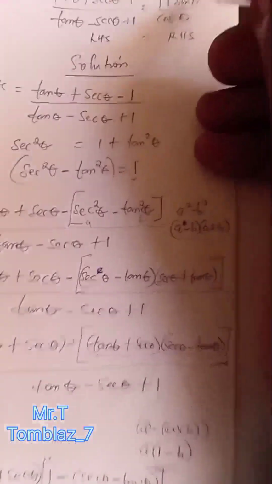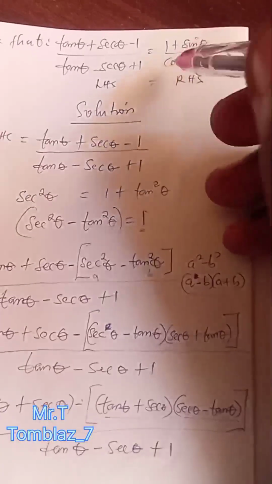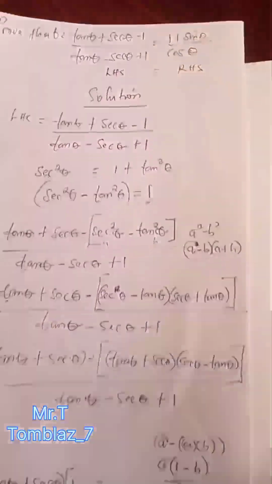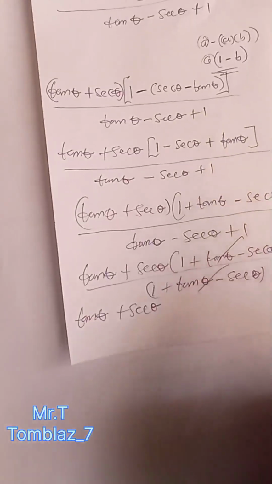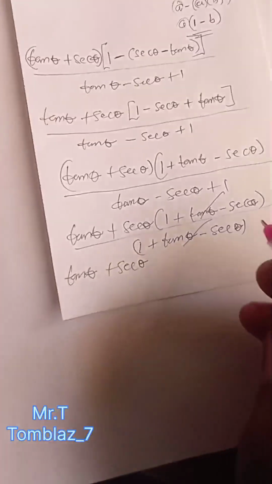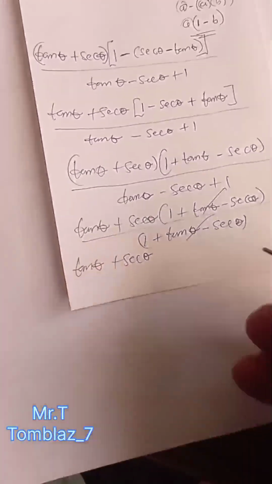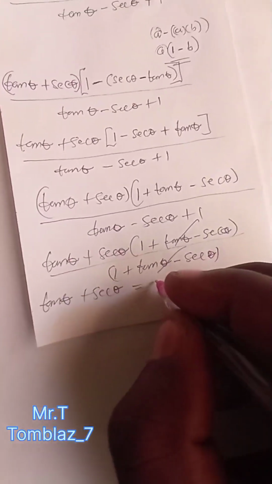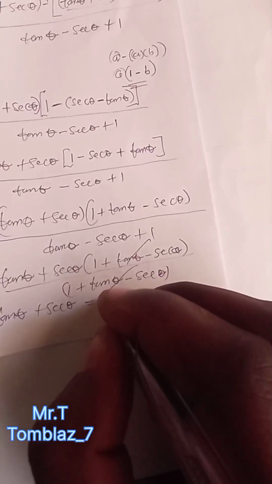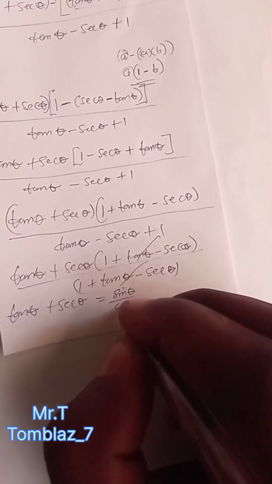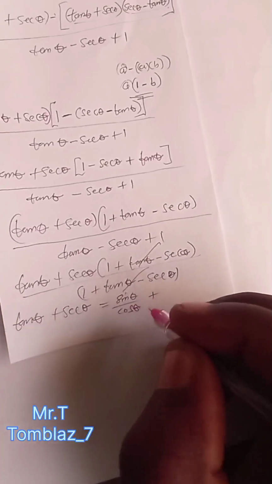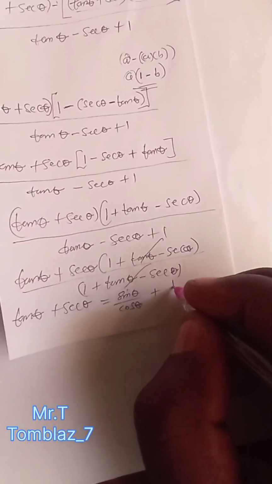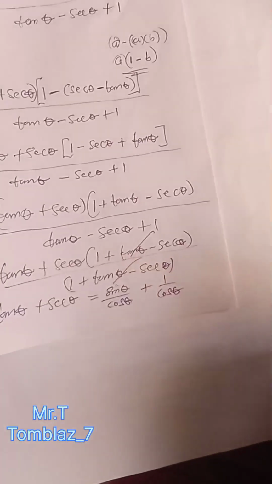Now let's look at our question. Our question is saying it should be 1 plus sine theta all over cos theta. Now, what is tan theta? From our identity, tan theta is sine theta all over cos theta, plus sec theta, which in our identity is the same thing as 1 over cos theta.